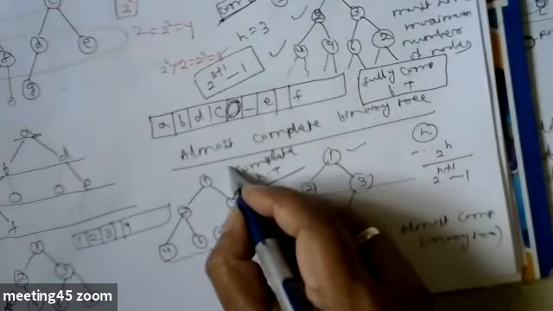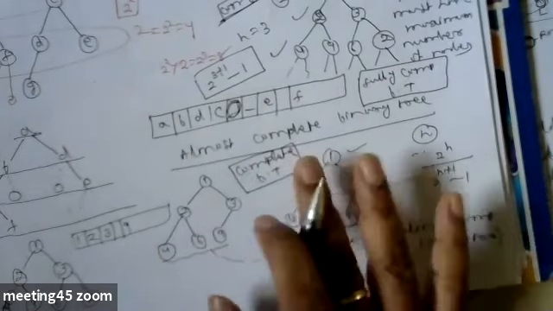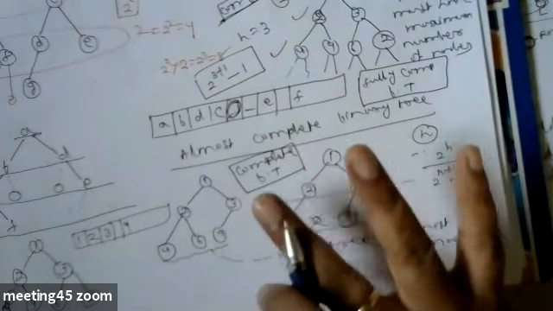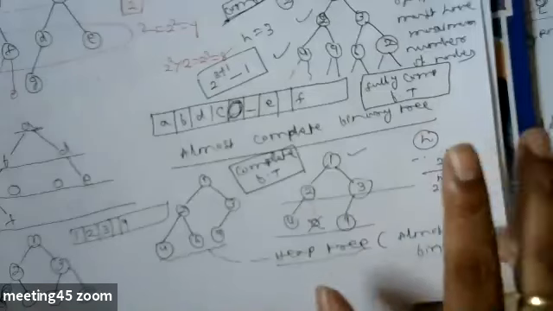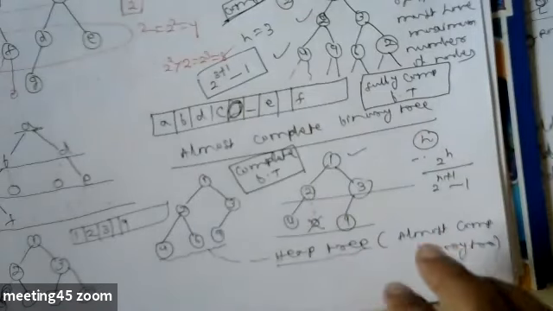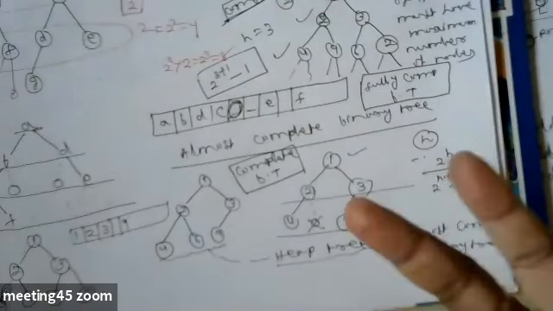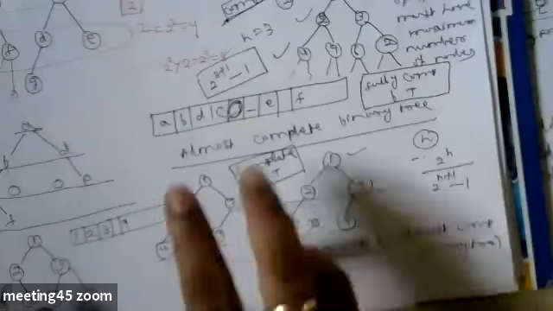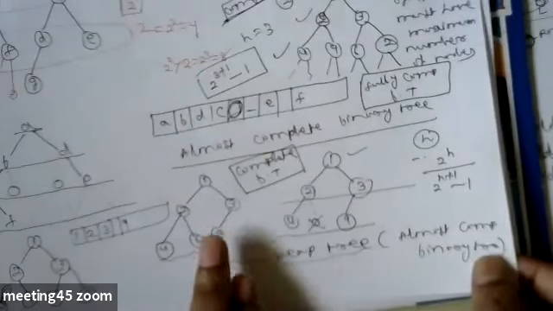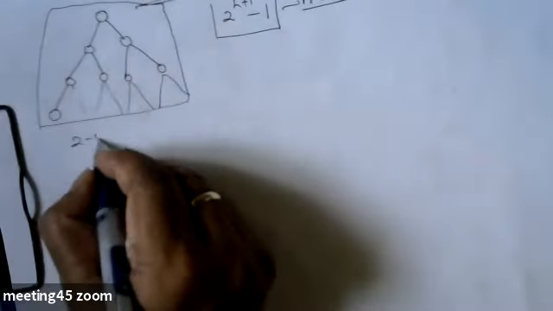They have used different kinds of terminology, but you have to be sure whether it will be almost complete, or complete and fully complete. So don't be confused with the terminology. First study what the book has actually told, what they mean by complete binary tree. Accordingly, you can answer the questions in that particular book. Okay, please remember this. Then one more interesting type of tree is called a two-way binary tree.